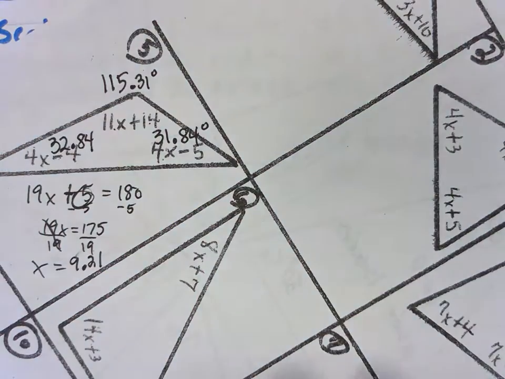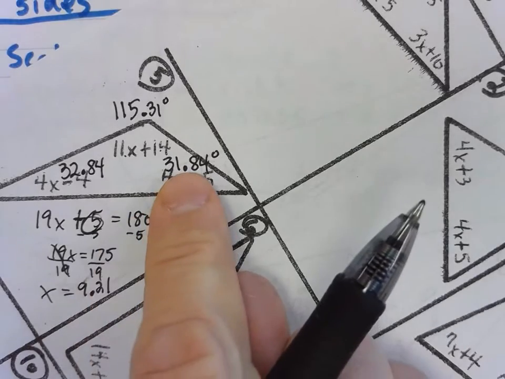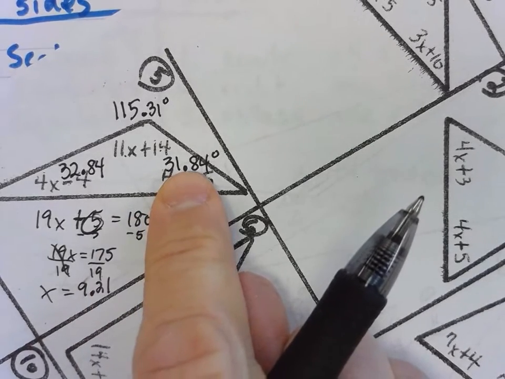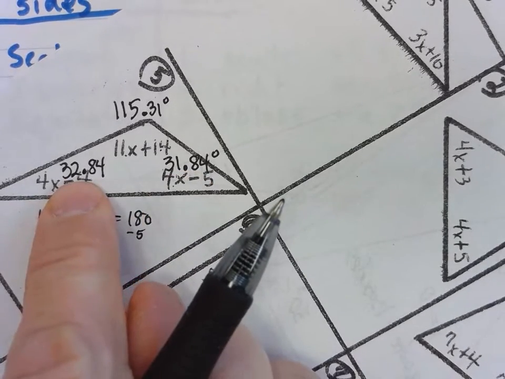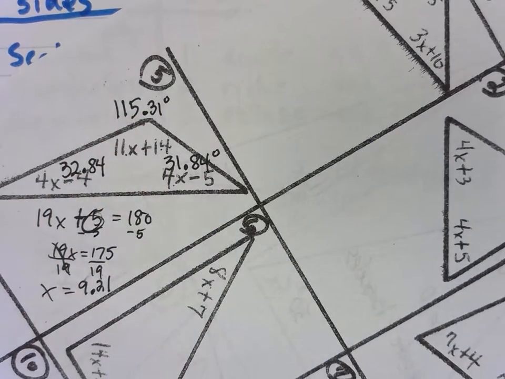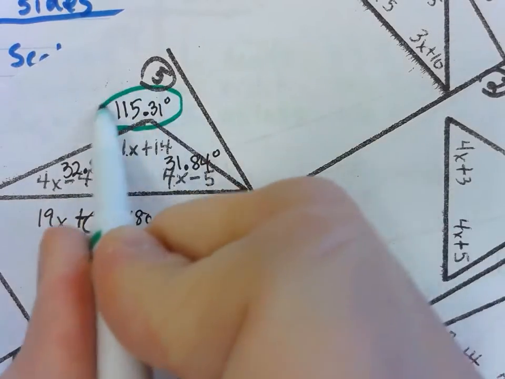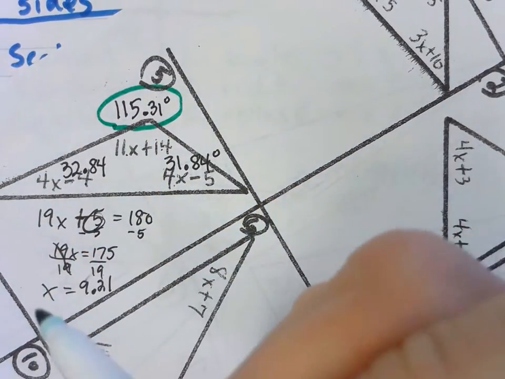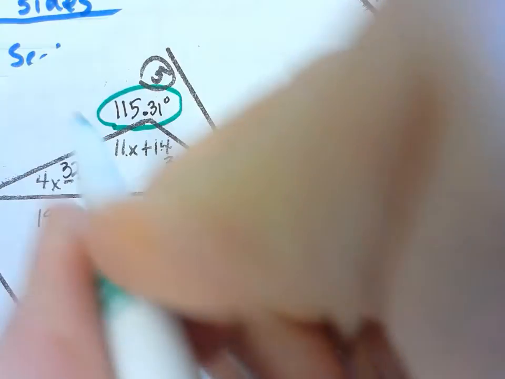Now again, I'm going to go through and talk about all of the measurements that we just got. That's an acute angle. It's less than 90. That's an acute angle. It's less than 90. However, this one up here, this big one, that is more than 90. Therefore, that is obtuse.